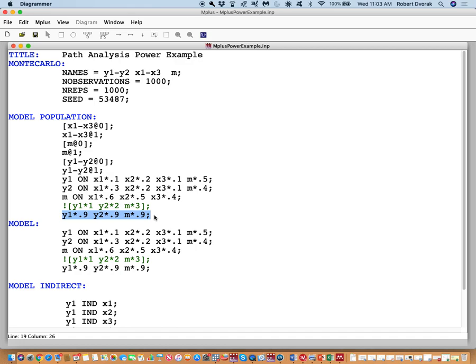If I were to say 10% of your variance in your mediator is explained by your predictor variables, and by the way, these don't have to correspond with what's going on up here, because we're talking about averages.